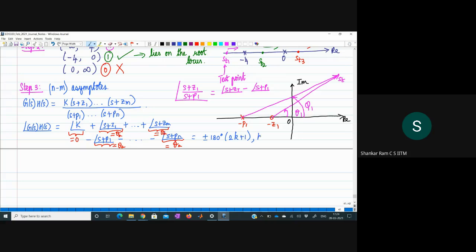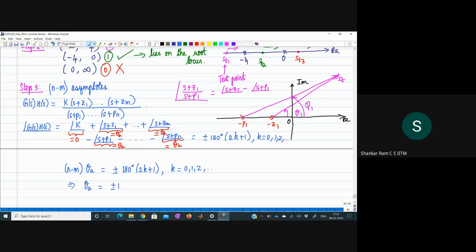So now we can immediately see that on the left hand side, we are going to have (n minus m) times theta a, with a minus sign of course, but then you can take the minus sign to the other side. It will still remain plus or minus 180 degrees times (2k plus 1), from the angle condition.